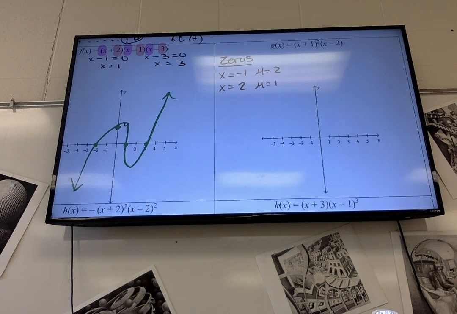Now I've got to do a little multiplying here. This is x, but it's x squared. So that's x squared times x. So that's x cubed, and it's 1x cubed. And then when I multiply the last numbers, I have positive 1 squared, which is 1, times negative 2, which is negative 2.